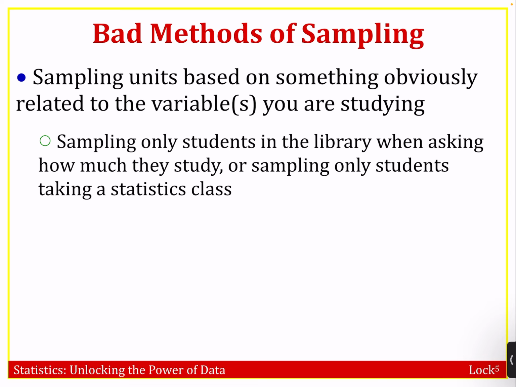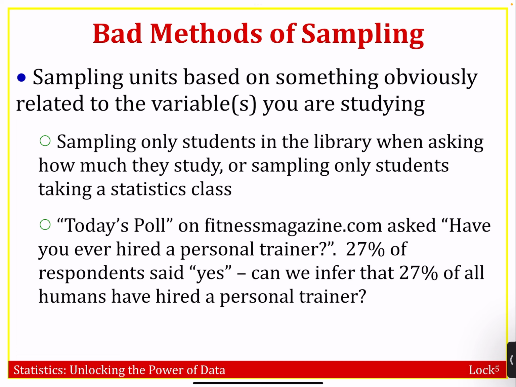If we want to investigate what portion of the population have hired a personal trainer, we do not want to only sample people who read fitnessmagazine.com, right? In both of those cases, we are going to be drawing our samples from a subgroup that is already more likely to be doing the thing we are interested in studying.